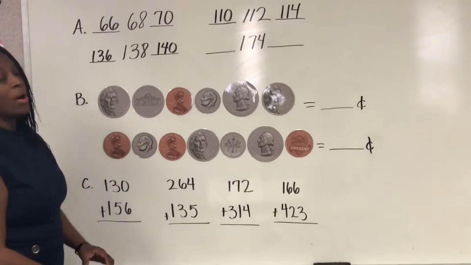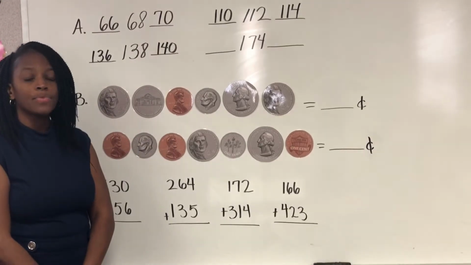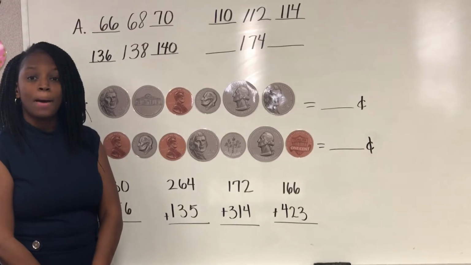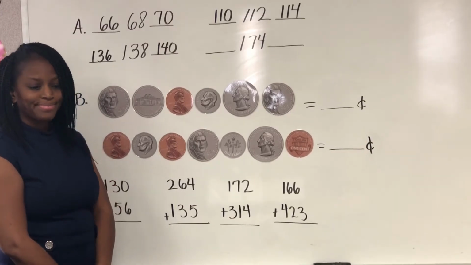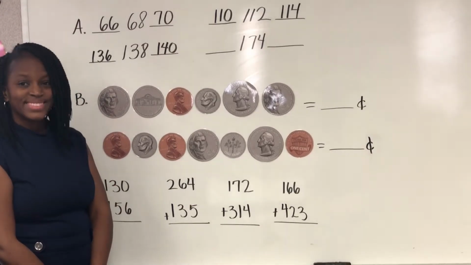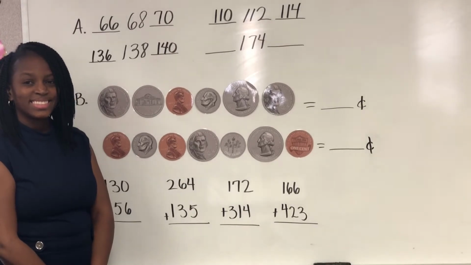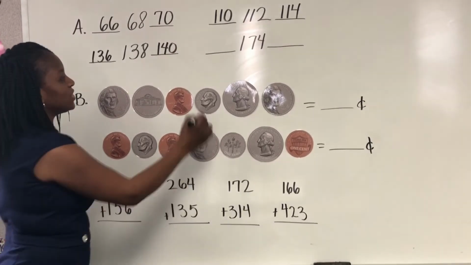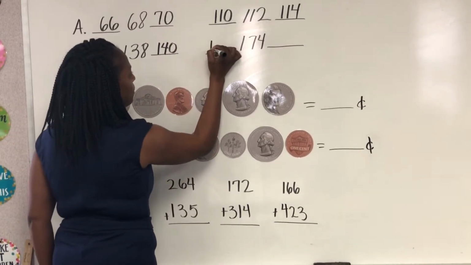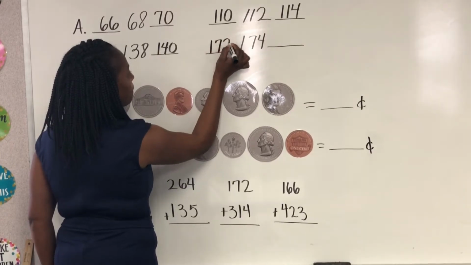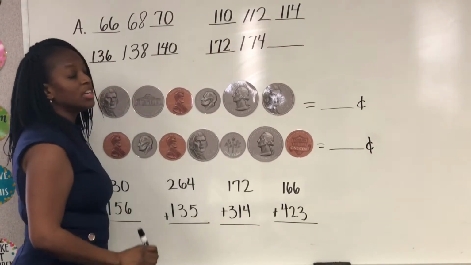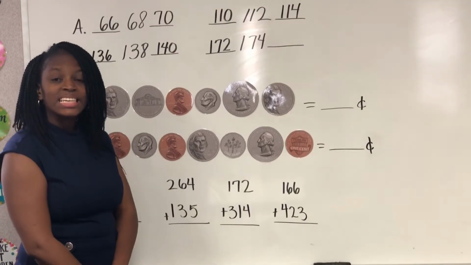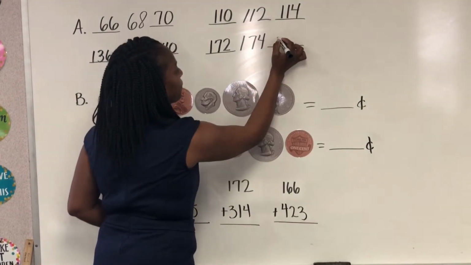Let's take a look at 174. What's the before and after number by twos? 172 is the before number, and 176 is the after number.